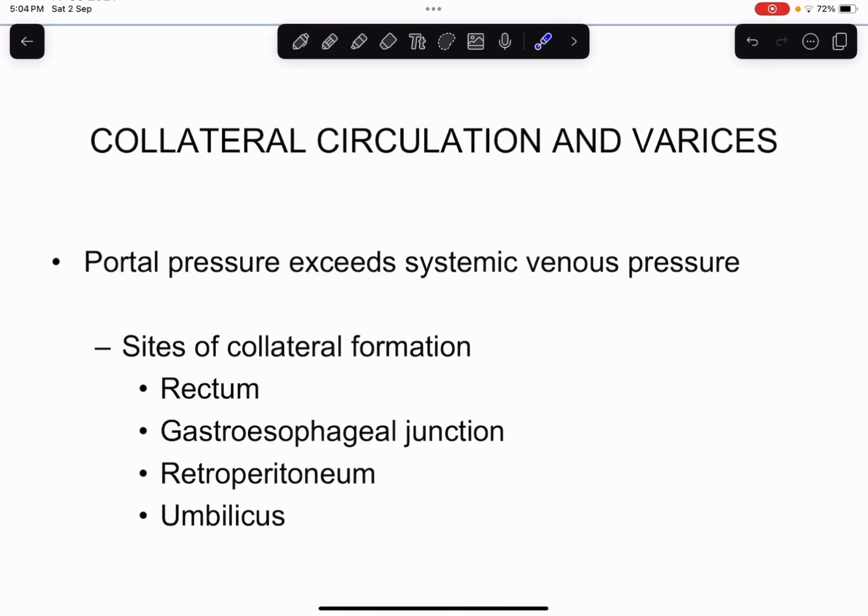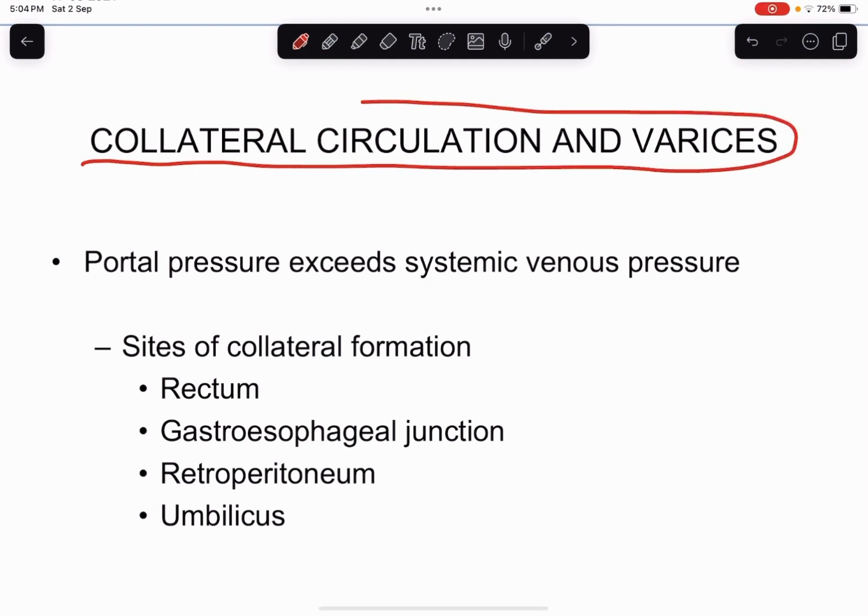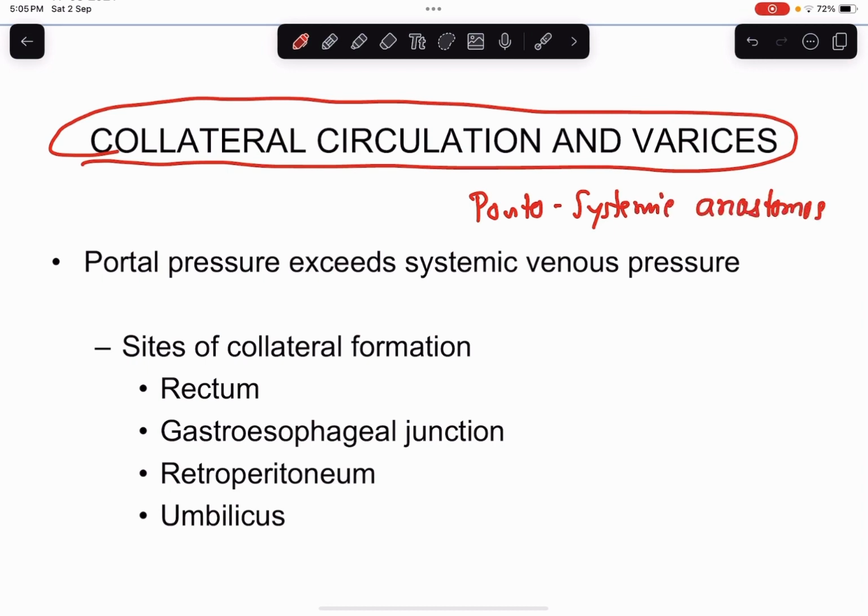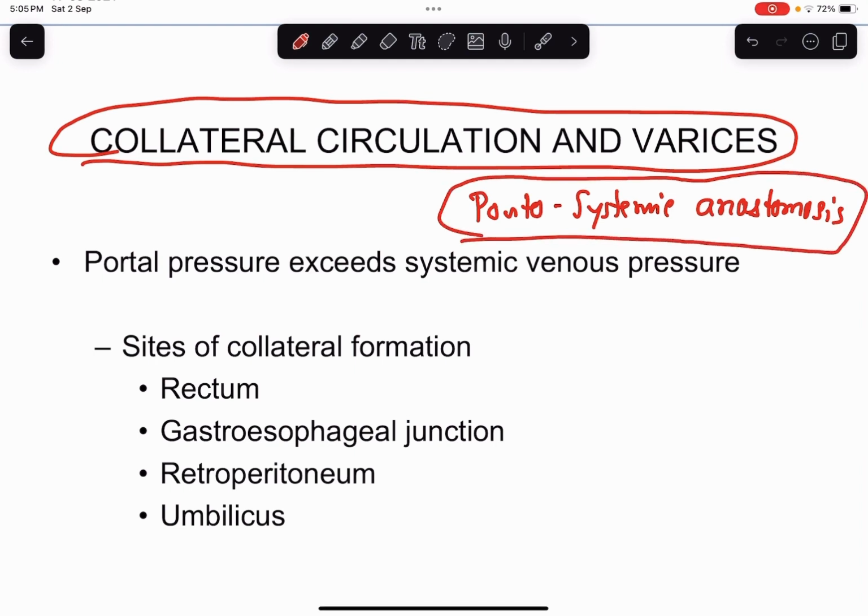Collateral circulation and varices. What is it? There are portosystemic anastomoses, that means anastomoses between the systemic vessels and the portal vessels. Whenever there is portal hypertension, these collaterals or portosystemic anastomoses open up, leading to shunting of blood from the portal system to the systemic venous system.